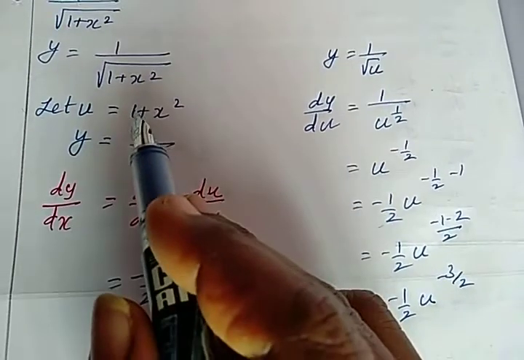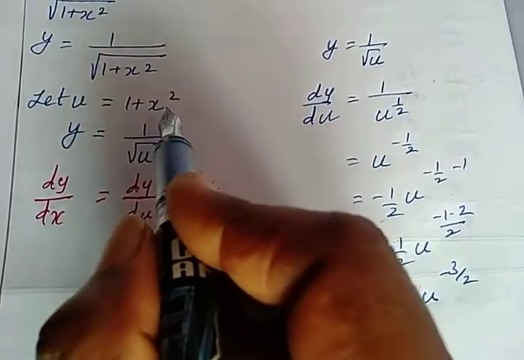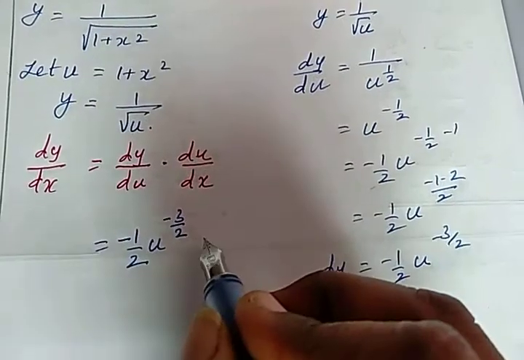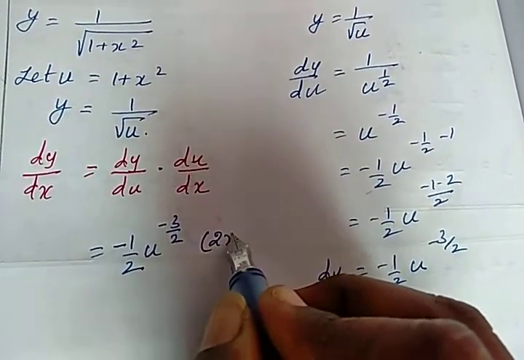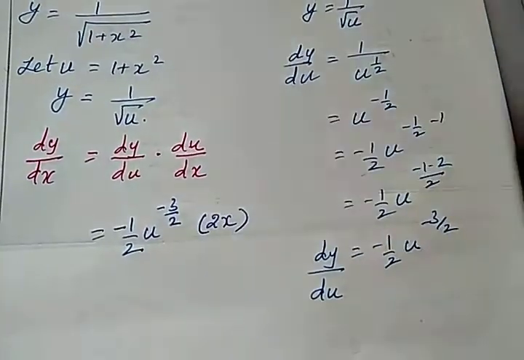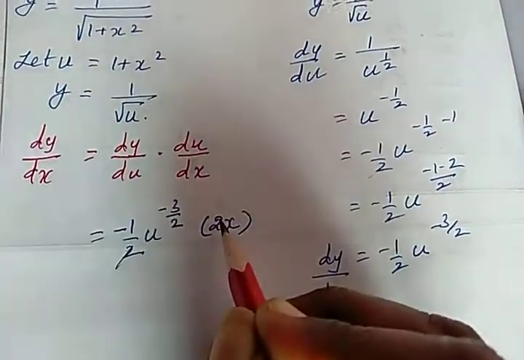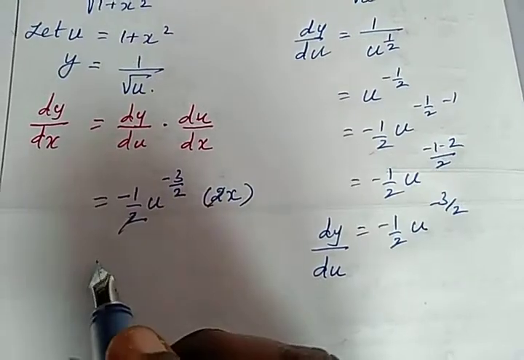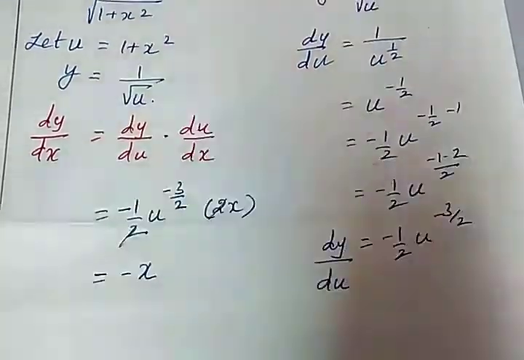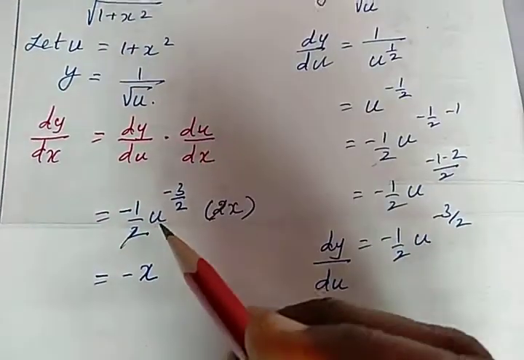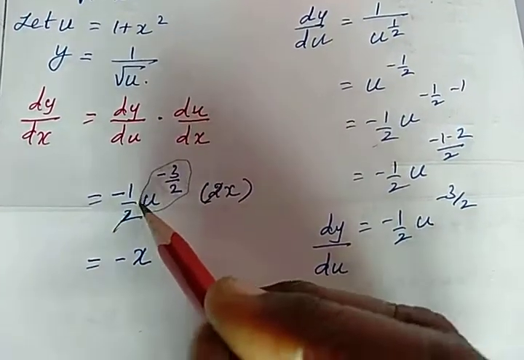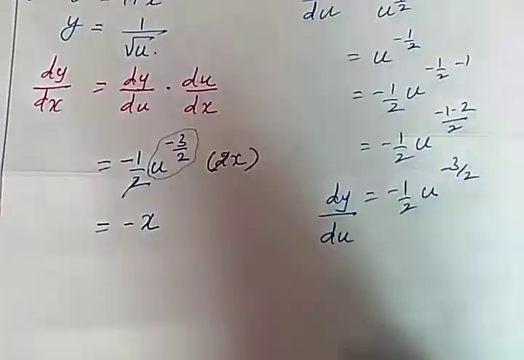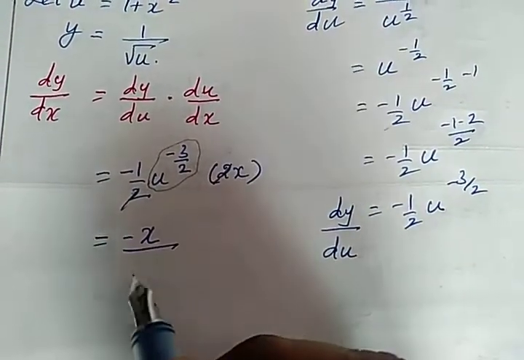into, if you differentiate u, 1 will become 0 and x squared will become 2x, into 2x. Here I can cancel this 2 and 2. Now what is the remaining in the numerator? I will take minus x in the numerator, and u to the power minus 3 by 2, this negative power I will bring it to the denominator in order to make it a positive power.